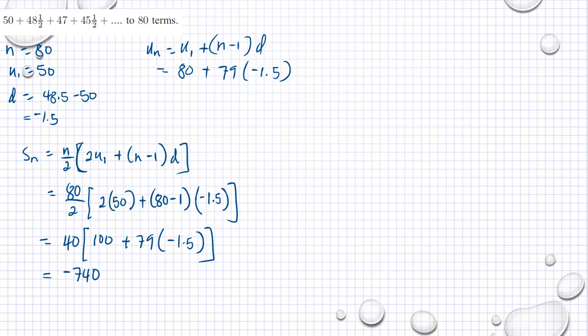So we have 50 plus 79 times negative 1.5, then we have negative 68.5. If you have a lot of negatives there, and so on and so forth. That's why it's negative 740.